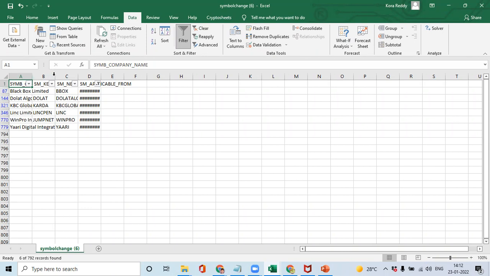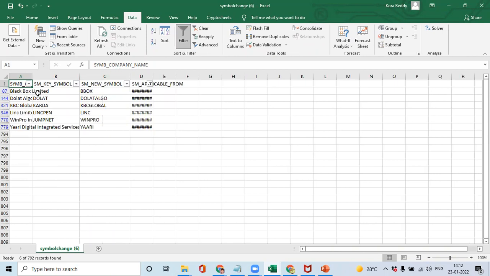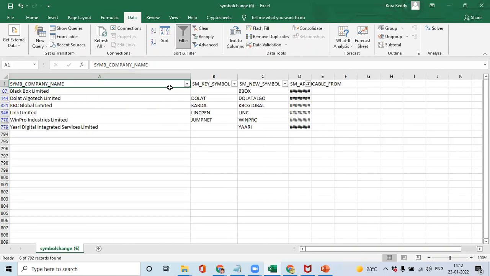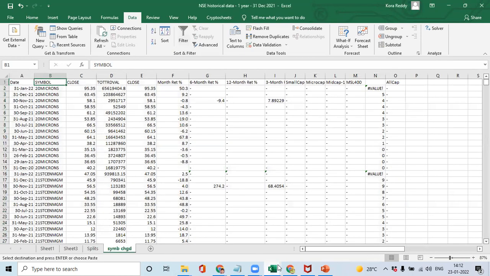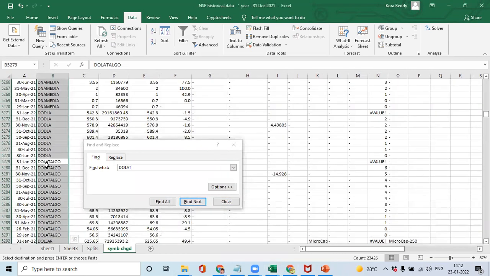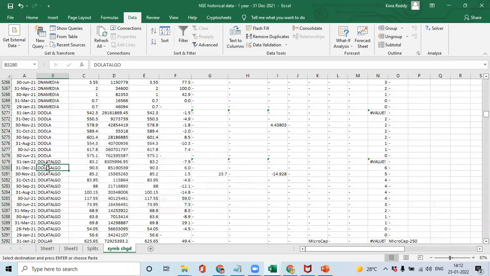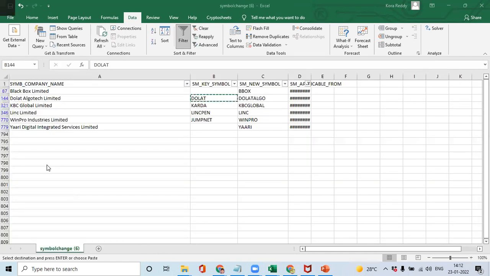So what is this? Key symbol and a new symbol. Find the old symbol and change it to the new symbol, because whenever you download the new bhavcopy, it would have changed it to the new symbol.